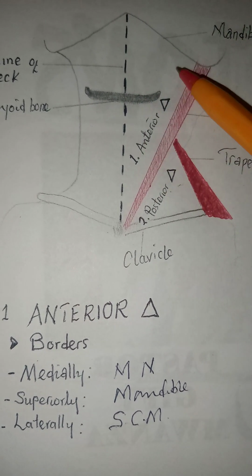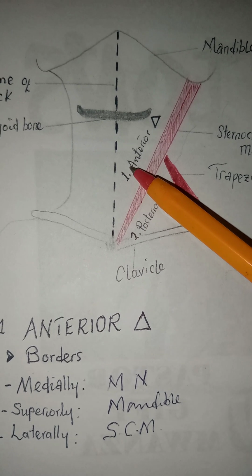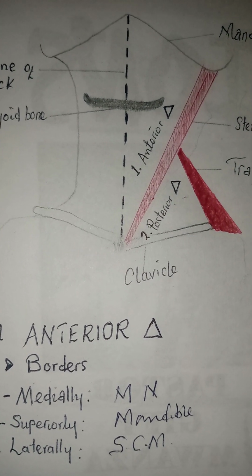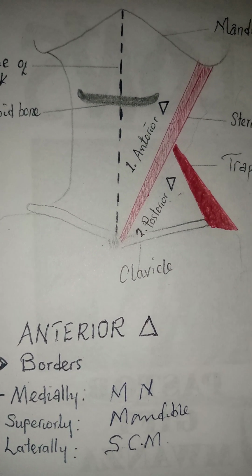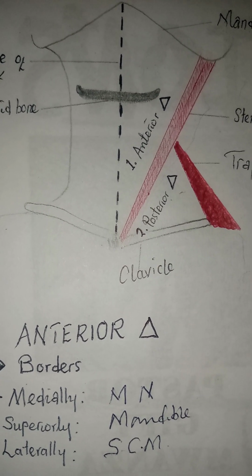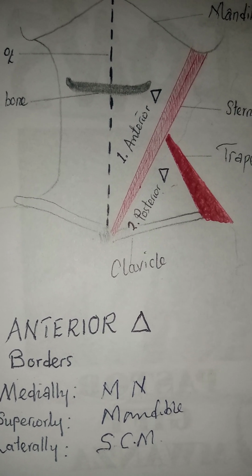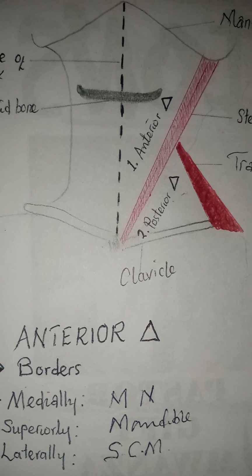So we are done with the borders of the anterior triangle. The anterior triangle is further subdivided into four main triangles, and these are the triangles we are going to talk about. Then we continue with the posterior triangle in the next tutorial.